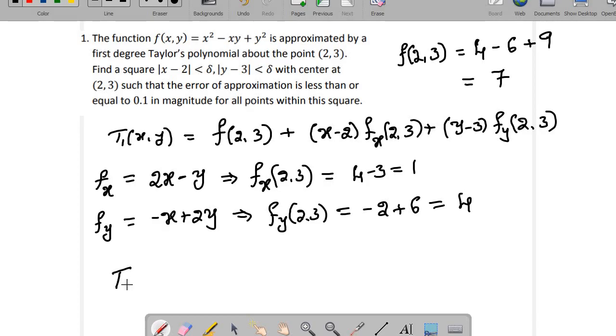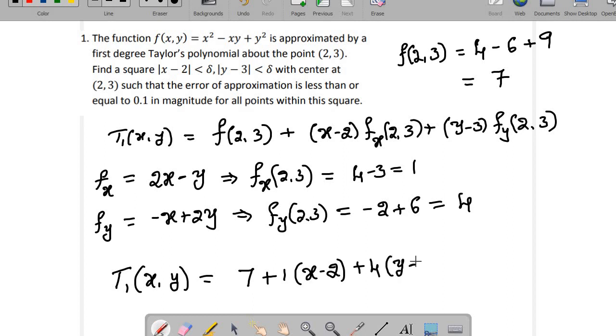Now we are ready to write the first degree approximation. T1 of (x, y) equals 7 plus 1 times (x minus 2) plus 4 times (y minus 3).